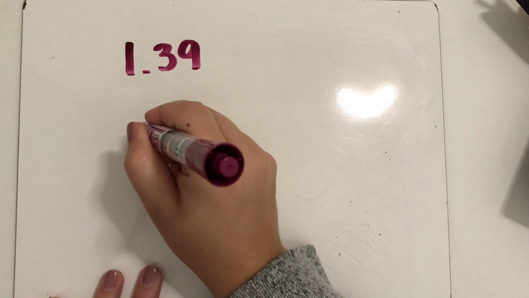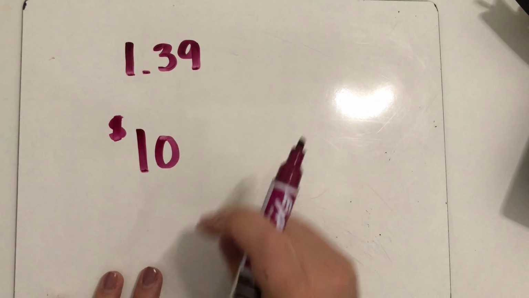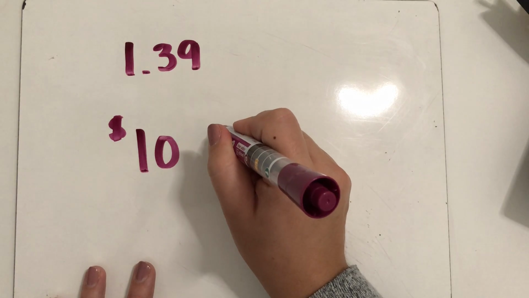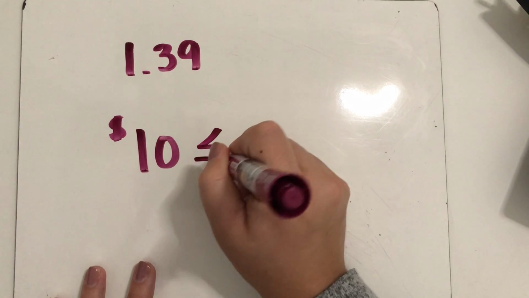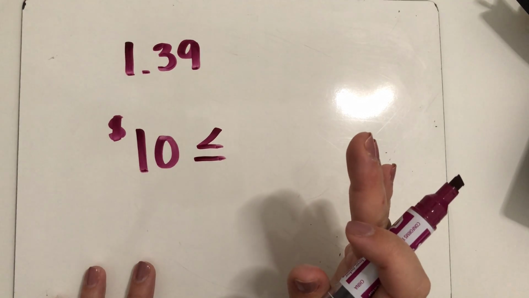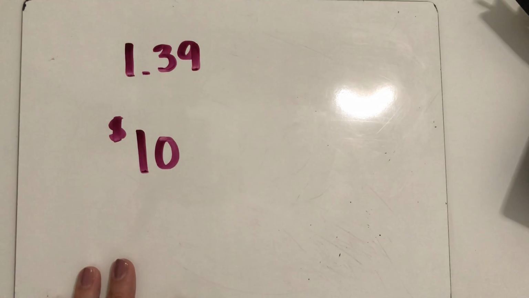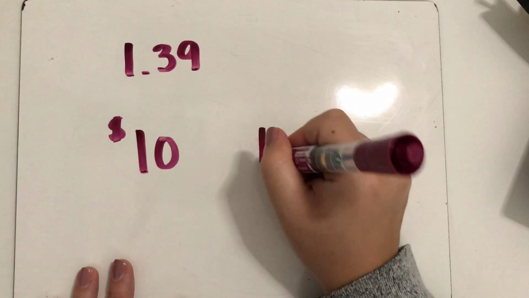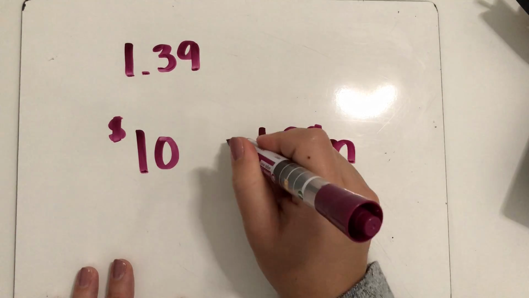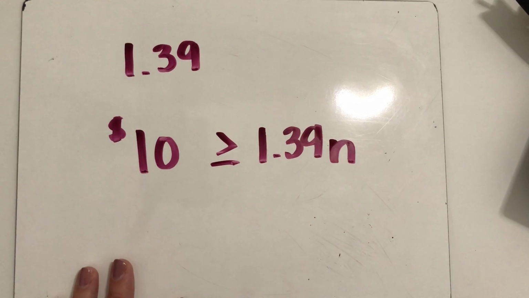So that means I only have $10 to spend. That means that whatever notebooks I need to get has to be less than or equal to that $10. Can't be any greater than, because, sorry, wrong side. Whatever's on this side, so that 1.39 for every notebook has to be less than or equal to the $10, okay?